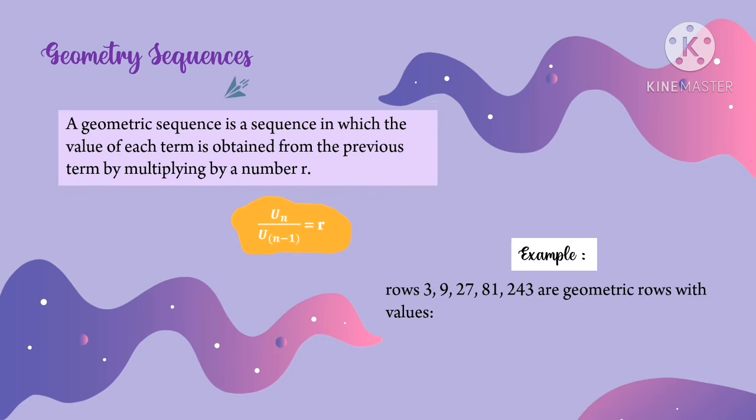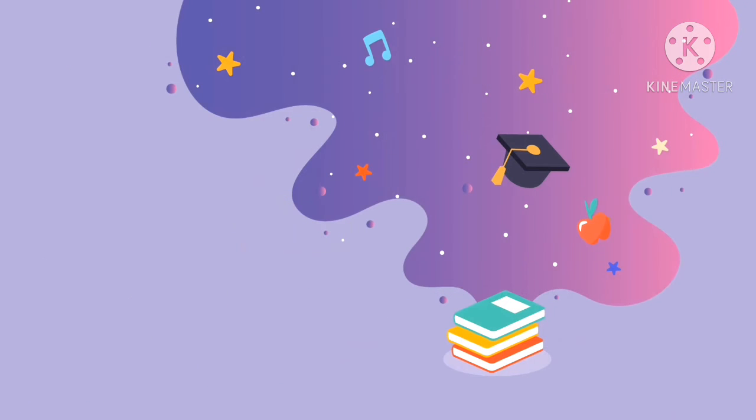For example, the sequence 3, 9, 27, 81, 243 is a geometric sequence with r equals 243 divided by 81 equals 81 divided by 27 equals 27 divided by 9 equals 9 divided by 3 equals 3.